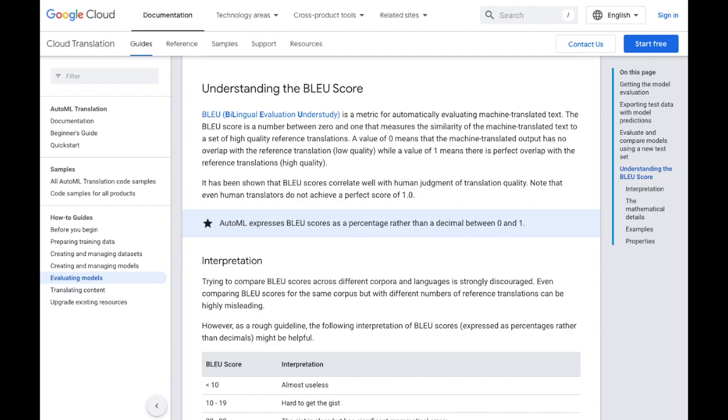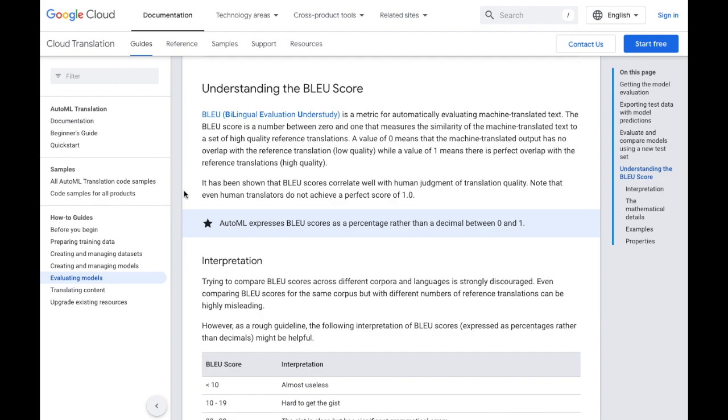In understanding the BLEU score, we see the definition that this is a metric for automatically evaluating machine translated text, and the score is actually a number between 0 and 1 that measures similarity of the machine translated text to a set of high quality reference translations, where a value of 0 means that the machine translated output has no overlap with the reference translation, so it's of low quality, while a value of 1 means that there is a perfect overlap with the reference translation, and then the translation is considered to be of high quality.